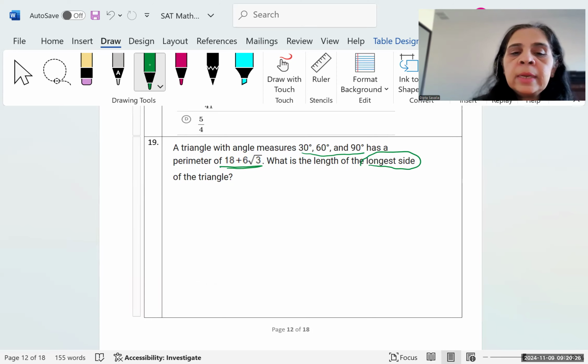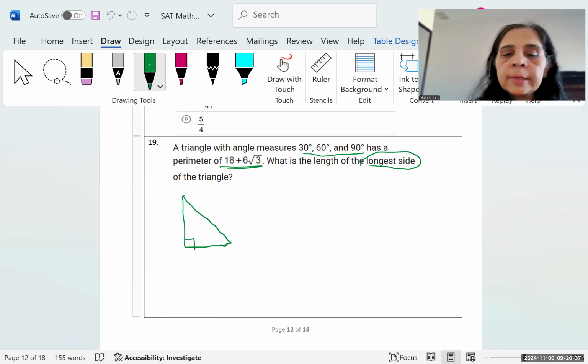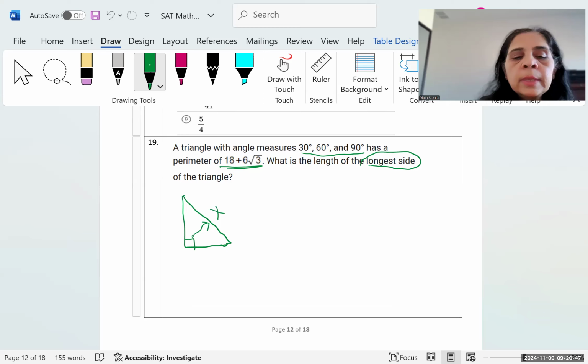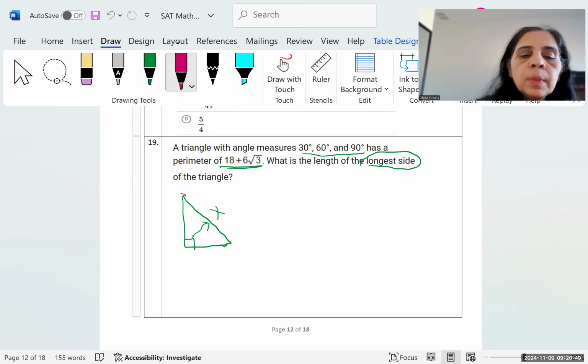It says angle 30, 60, 90, that means we have a right triangle. Anytime you see the largest angle, the opposite side is always the longest one. So we are looking for this, x, which is unknown.